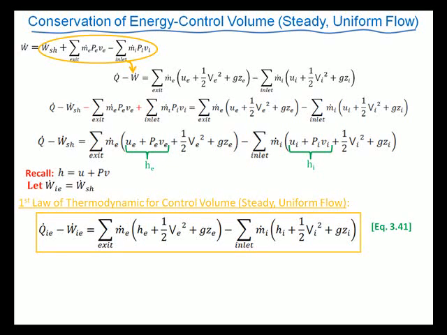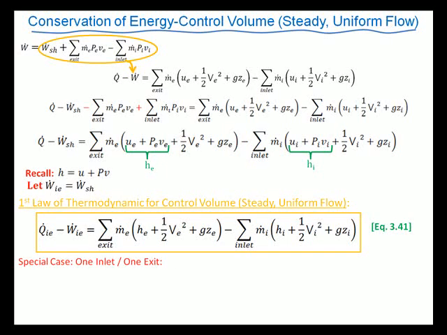But let's narrow it down even further to another equation that's also on your reference data card. That's a special case where we have only one inlet and only one exit, and that actually occurs more frequently than you might think. Thinking back to conservation of mass, if I only have one inlet and one exit, whatever's flowing in has to flow out.